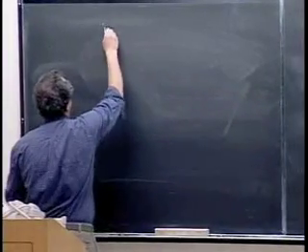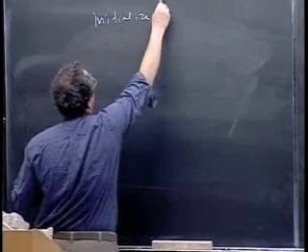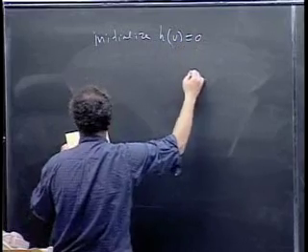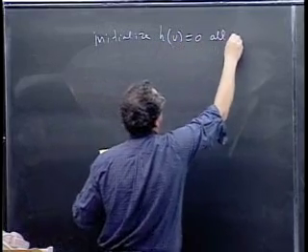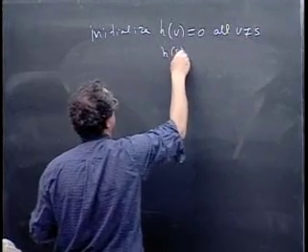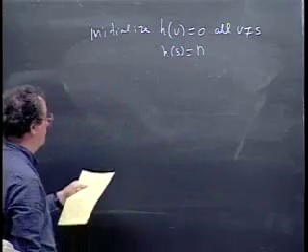So this is initialize. We start out with h of v equals 0 for all v not equal to s, and h of s equal to n. That's how we started out.